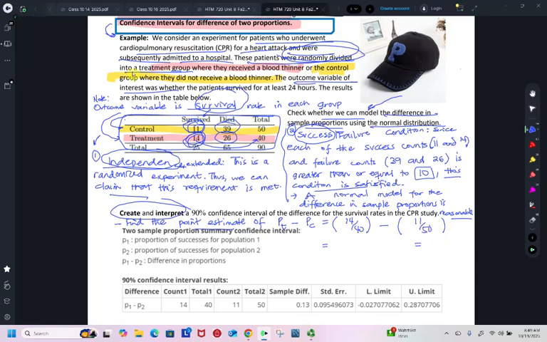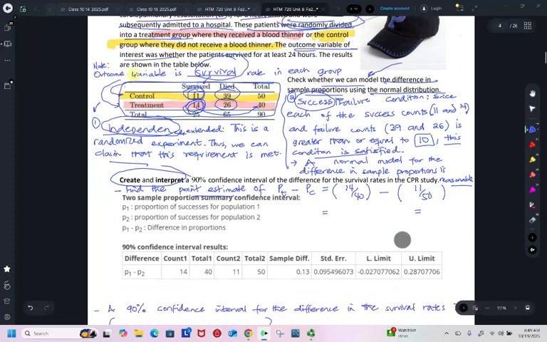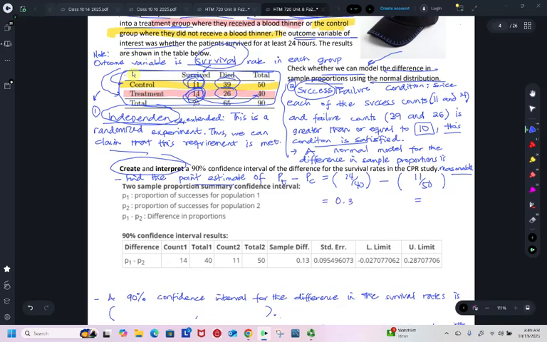Getting out our calculator, that is 0.35 minus 0.22. That gives us a point estimate of 0.13. We can see that value here if we use StatCrunch.